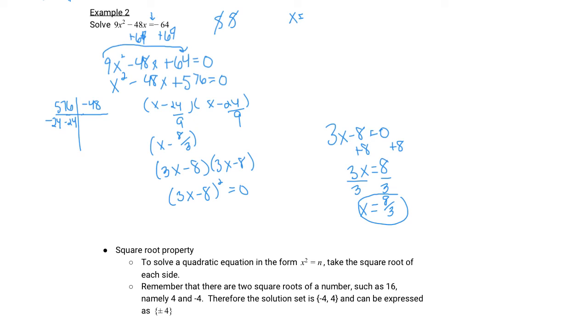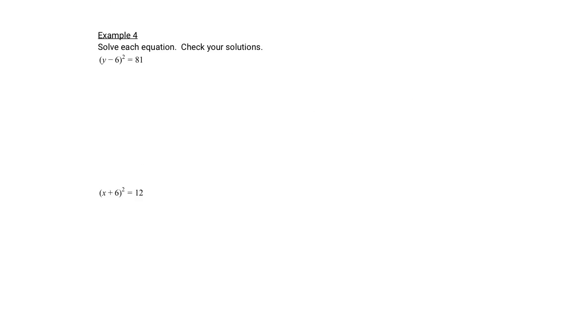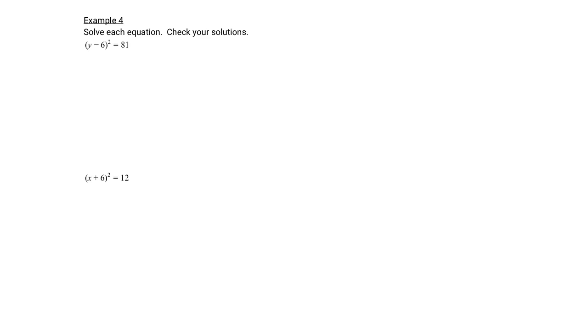Whew. All right. Last little bit here we're going to do, and then you're going to get some practice. We want to solve these equations. So what you'll notice is on the left, I've got a little expression here that is a square. It's got a square on the exponent here. And on the right, I've also got a perfect square.